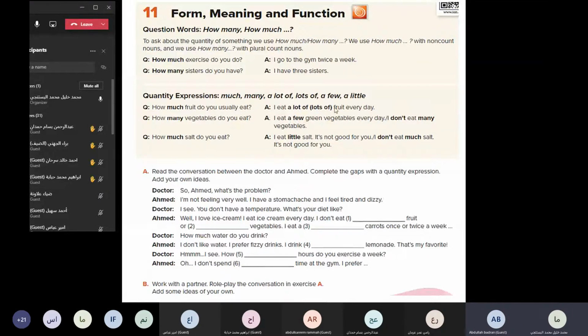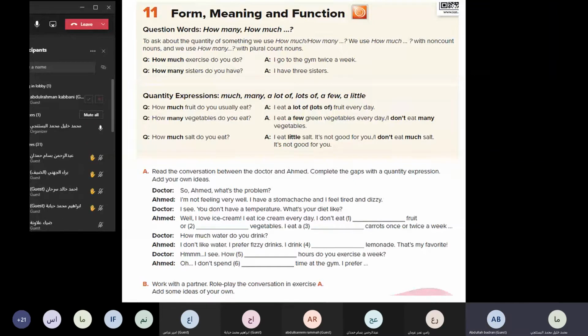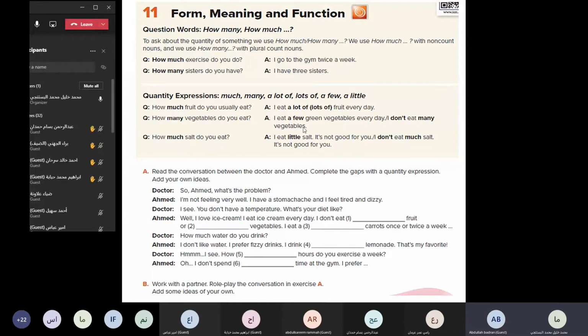A few. But a little is used with what? With uncountable nouns. I eat a little what? A little sugar. I eat a little salt. Okay?